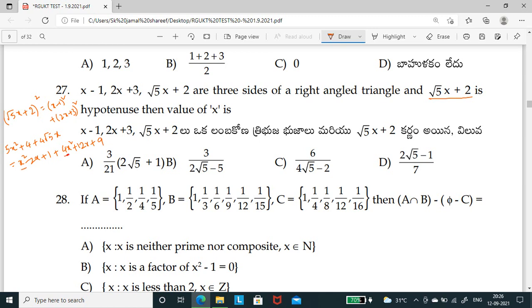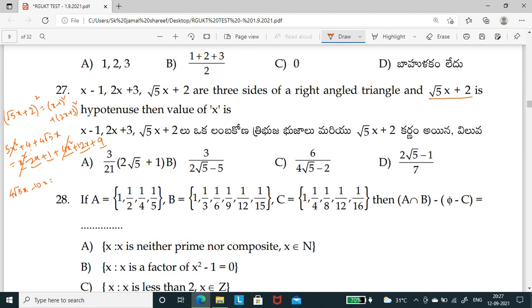So x square plus 4x square is 5x square. On both sides I can cancel out 5x square. Next 12x minus 2x is 10x. So that 10x and 4 root 5x. So 4 root 5x minus 10x is equal to, here 9 plus 1 is 10. This 4 when I transpose it becomes minus 10.